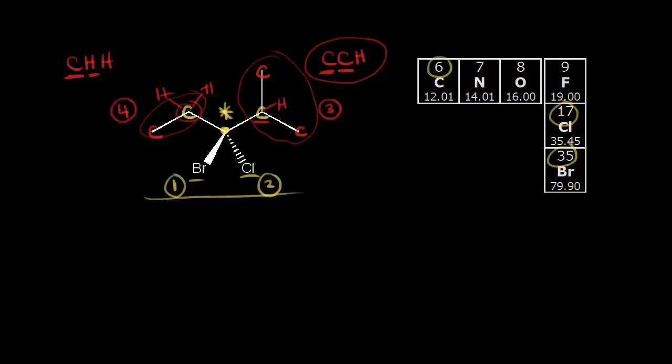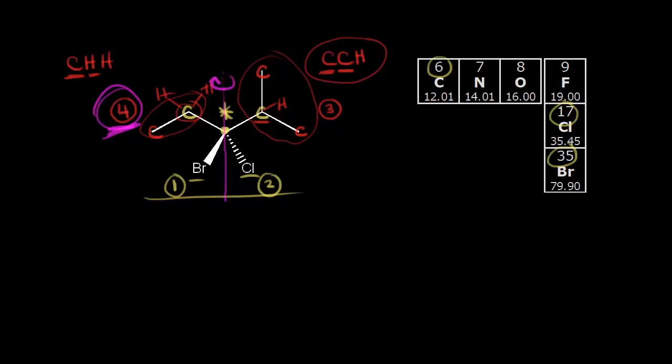Now that we've assigned priority to our groups, we need to orient the molecule so the lowest priority group is pointing away from us, and the lowest priority group is group number 4. So I'm going to go to a video in a second, and in the video I'm going to show you 2 different ways to think about putting this group going away from you in space. One way would be to just think about an axis through this carbon here, and then rotate around this axis until your lowest priority group is pointing away from you.